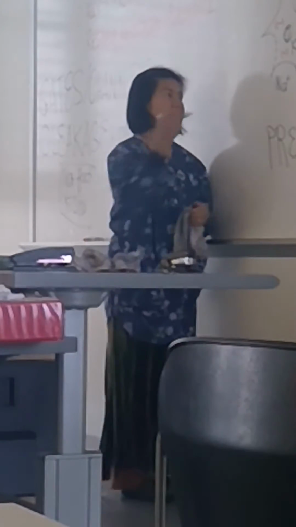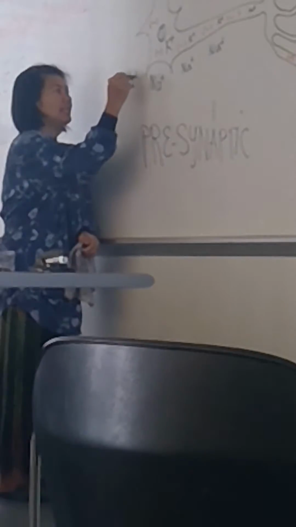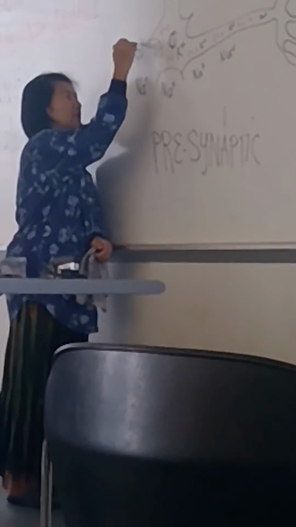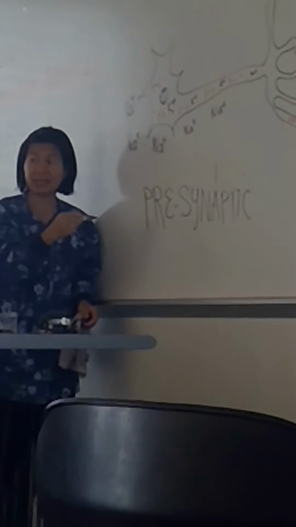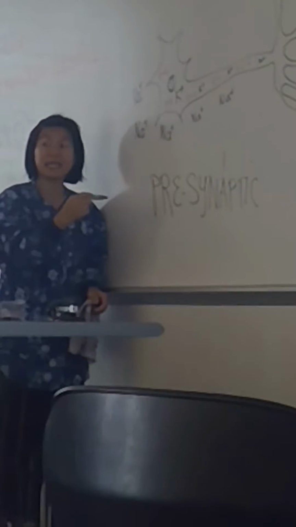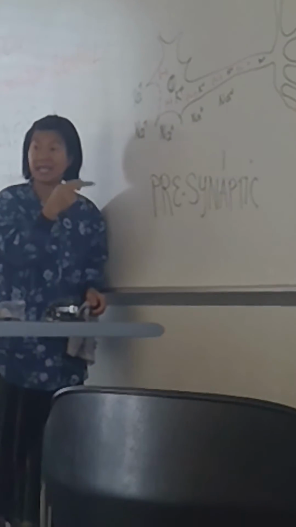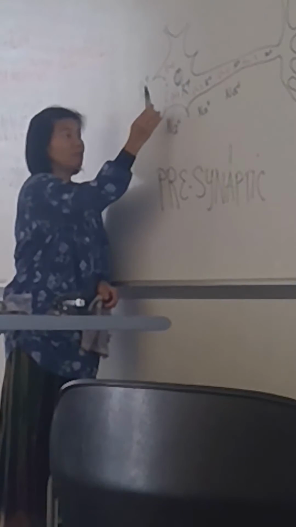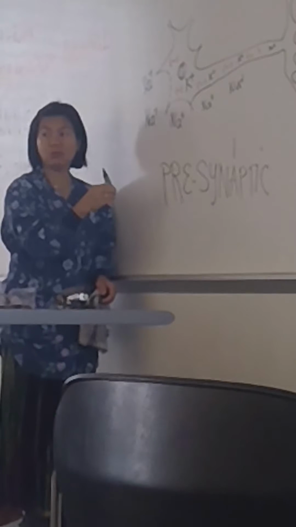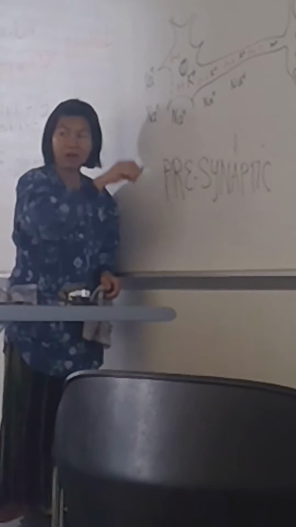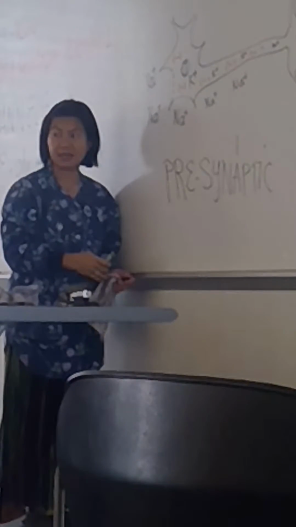So if the leakage gates are always open, the question is, what is the tendency? Remember diffusion? What will be the tendency for sodium: to move in to out, or out to in?